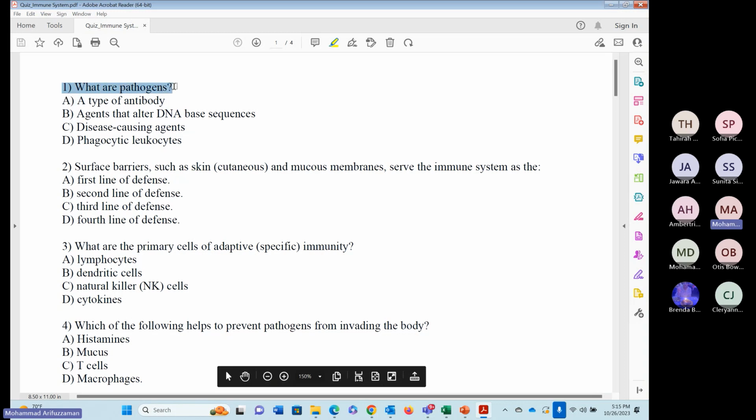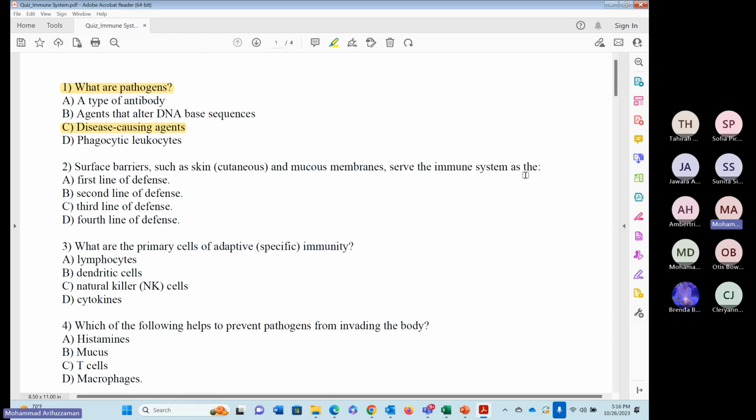What are pathogens? Disease-causing agents. So the pathogens are disease-causing agents such as bacteria, virus, fungi, parasites.